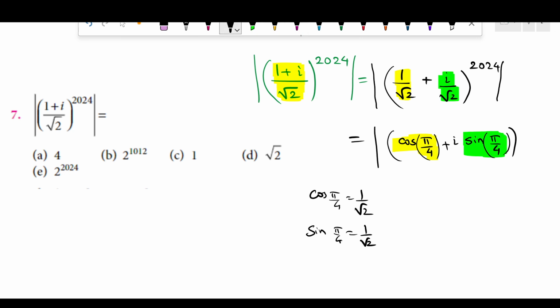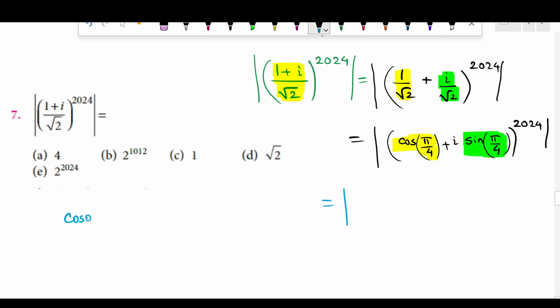You can ask me in the comment section. Whole to the power 2024, right? Now next, this is equal to, see, cos theta plus iota sin theta whole to the power n is what? Cos n theta plus iota sin n theta.